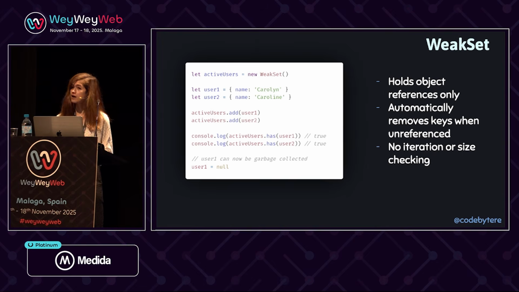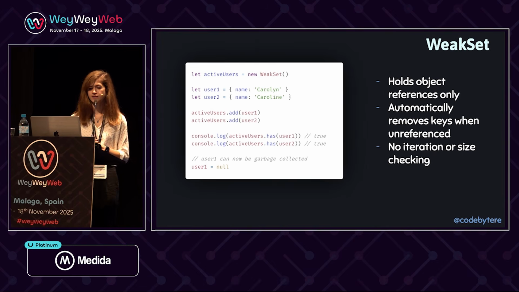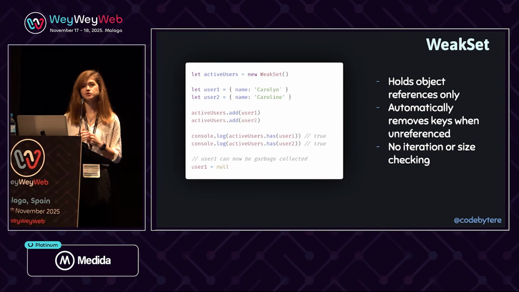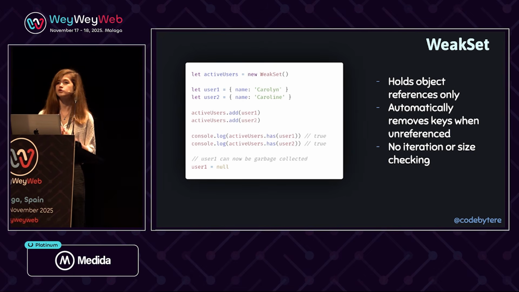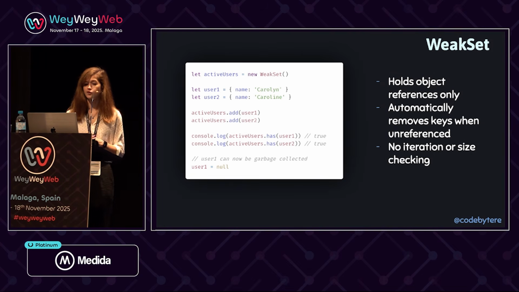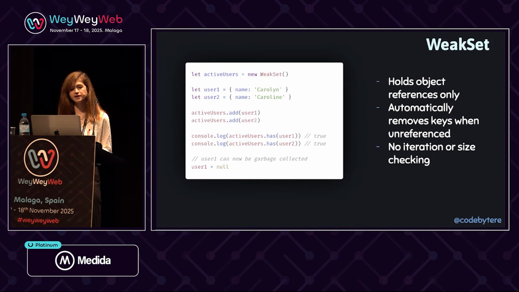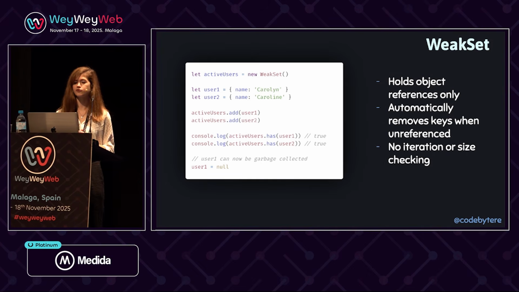The weak set does not keep a strong reference to user1, so there's no risk for memory leaks. This makes weak set an excellent tool for memory safety when you need to track objects without holding onto them unnecessarily. Unlike regular sets, weak sets don't support iteration or size checking, which does make them less suitable for general-purpose data storage.